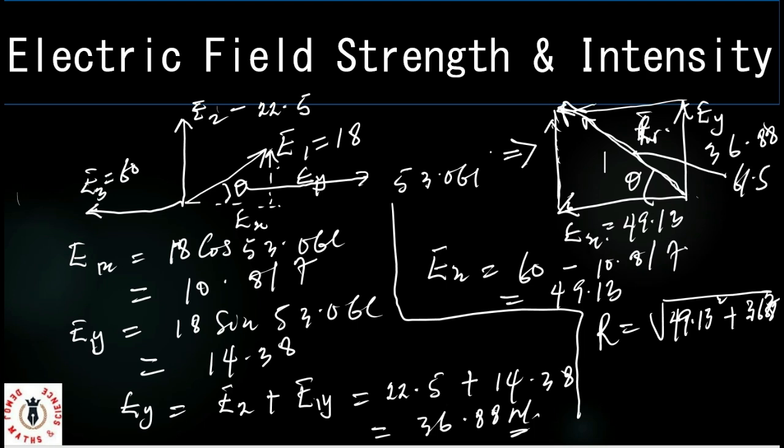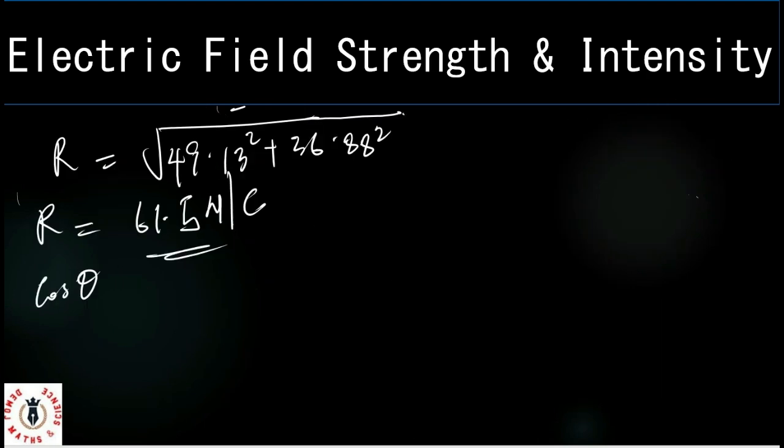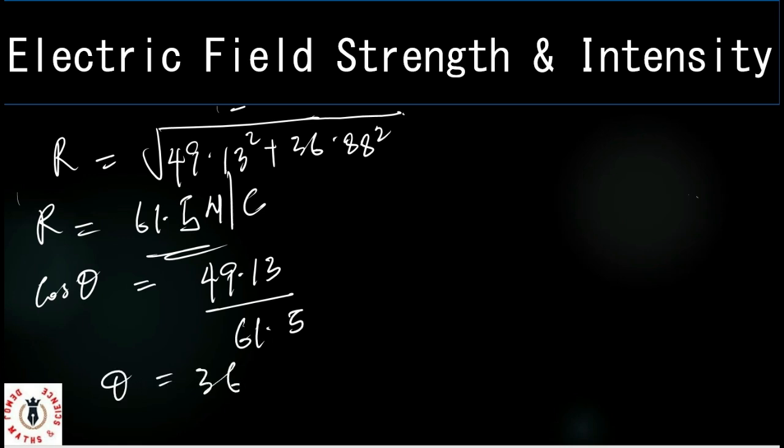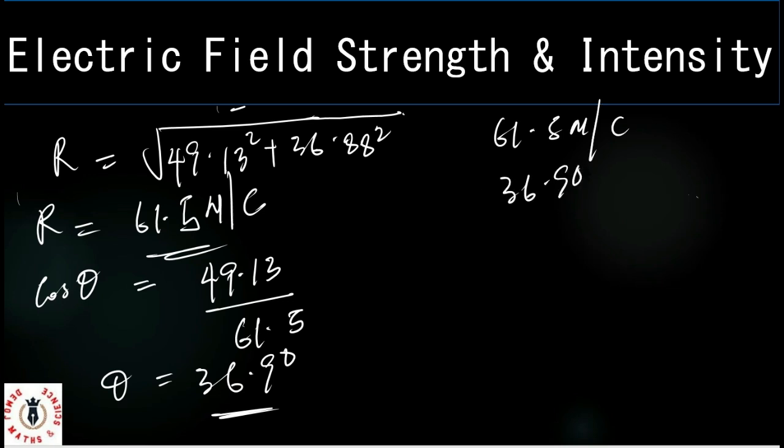So the cos of theta, which is adjacent over hypotenuse, will be 49.13 over 61.5. So theta is the same thing as 36.9 degrees. So we have an electric field of 61.5 newton per coulomb acting at 36.9 degrees.